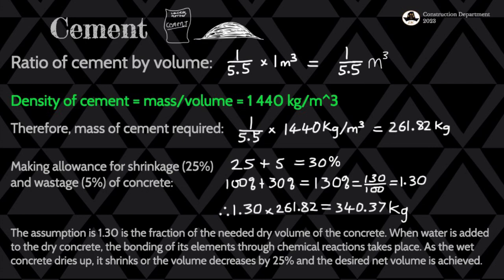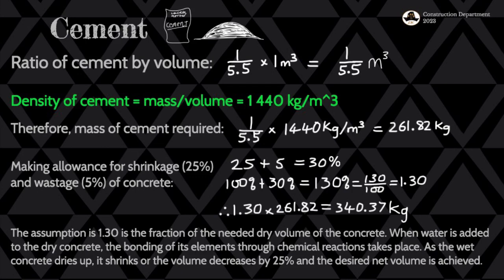One thing we also need to account for in this calculation is allowance for shrinkage and wastage. As you read in the note below, I'm going to summarize. When we add water to this concrete mixture, there are going to be chemical reactions between the materials involved in that mixture, at 1 is to 1.5 is to 3, the cement and the coarse aggregate, which in this case will be 19mm stones, as you saw from our quotation.